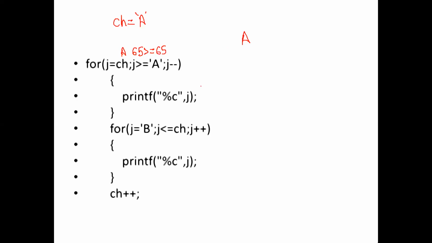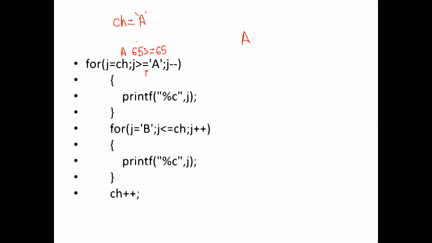Yeah. So, see, this is the thing. I hope you can see the code I have copied here. This first line works like J started with CH. This comparison happens: 65 greater than or equal to 65. Condition true. If the condition is true, you will come in and you will print the J. So A has been printed. Then you will do J minus minus. J minus minus means what?